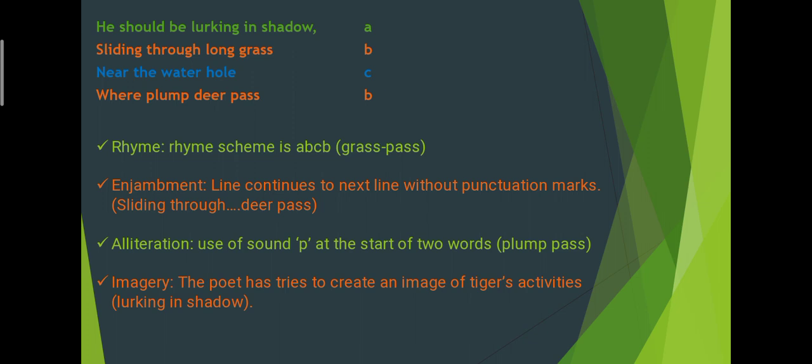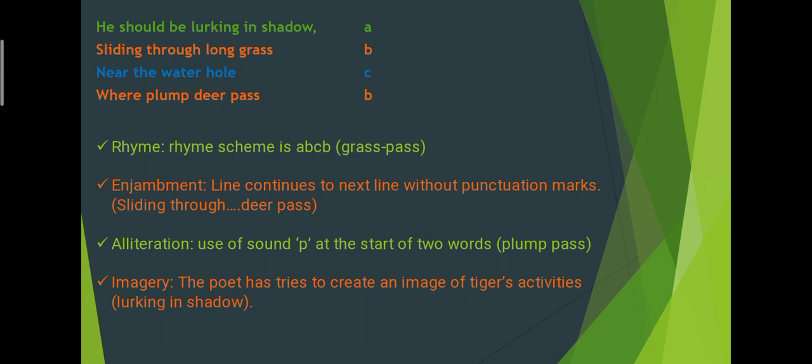So what are the other two techniques used here? Enjambment. Enjambment is a very easy concept. It means the line continues to the next line without punctuation marks.